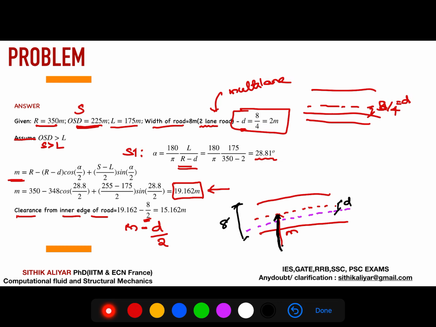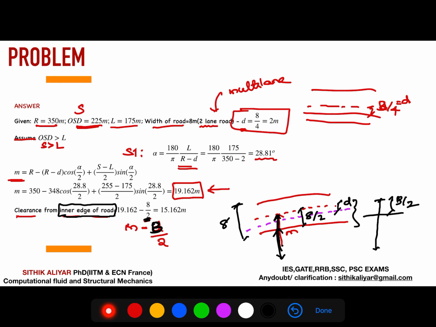So if they are asking with respect to the inner edge, we should subtract this distance, which is nothing but B by 2. So I am subtracting 8 by 2, since they are asking from the inner edge of the road.